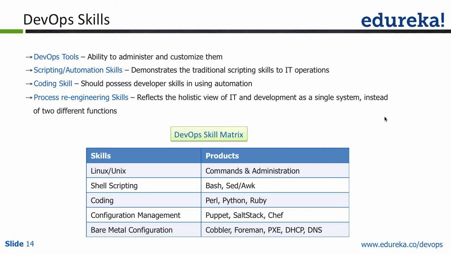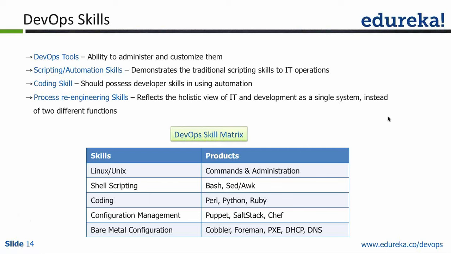Coding skills. Again, you need not be a great developer. You don't need to know maybe Java development or any other way of developing applications, but you need to have enough understanding about what has been developed. If you have a critical problem, you should be able to find out why we have these kinds of issues.